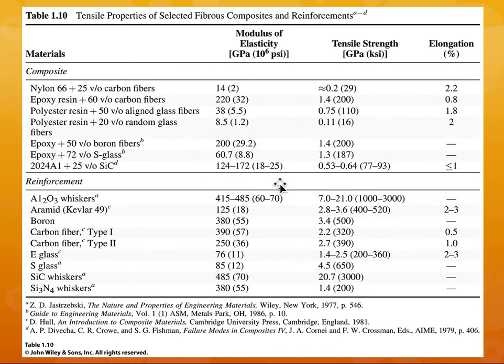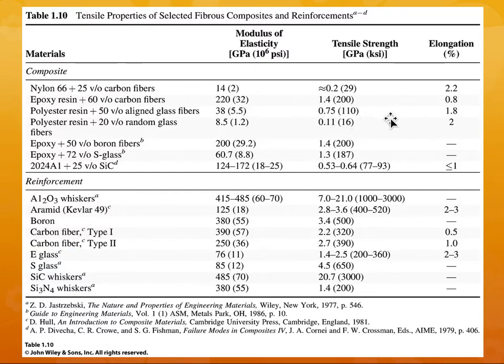So you can see, if you have a polyester resin, which is typically used in boats and things like that, and if you have aligned glass fibers, you can see that it has an elastic modulus of 38 gigapascals, or 5.5 msi.